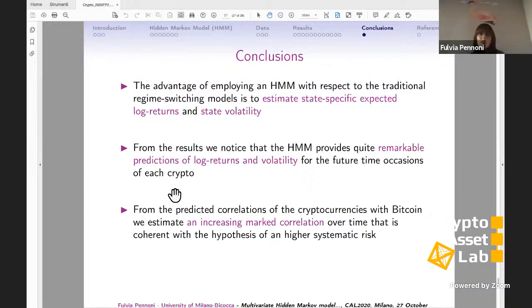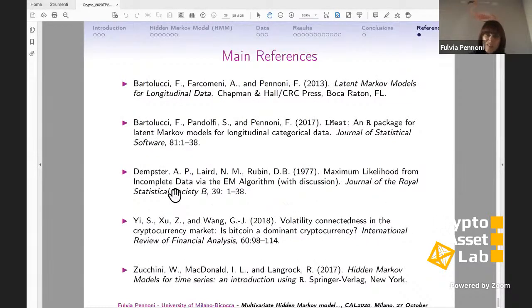From the predicted correlations, we notice that there is an increased market correlation over time, and this is coherent with the hypothesis of a higher systematic risk. Thank you very much. I have ended my presentation.